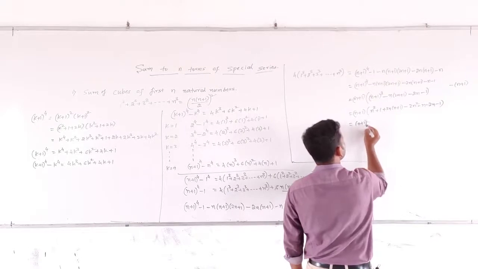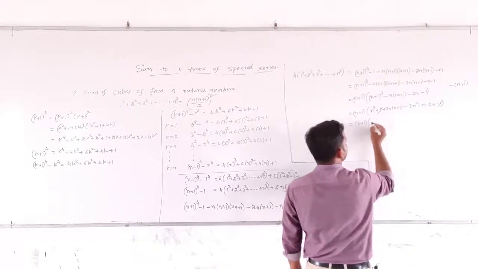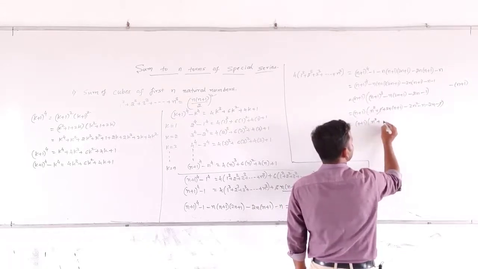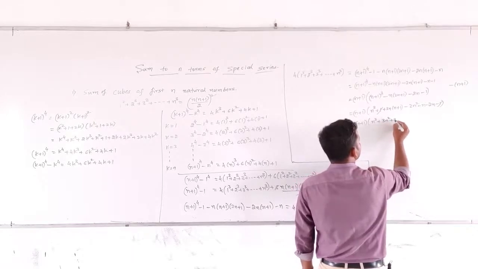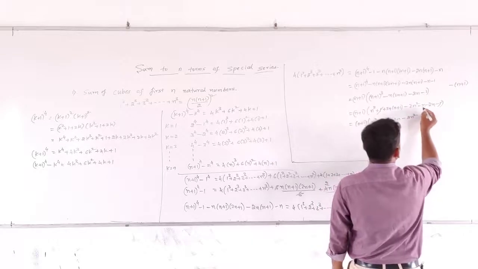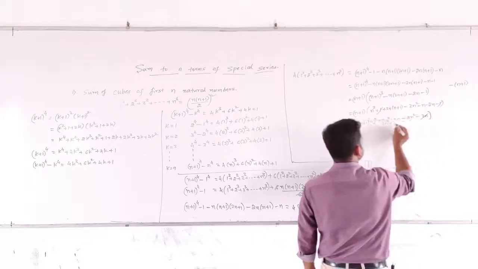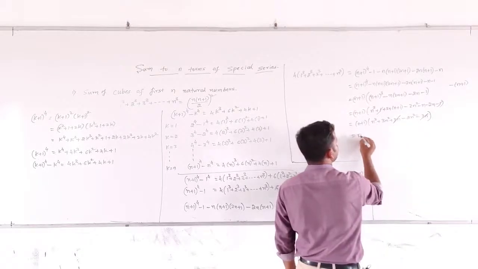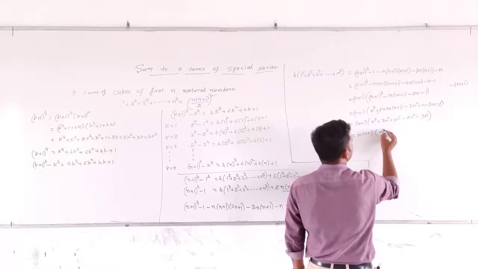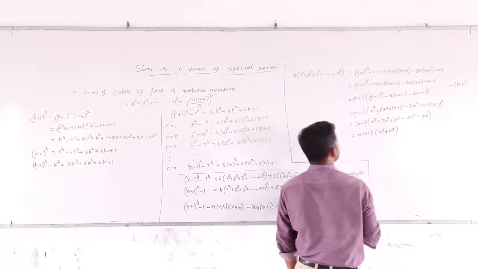Plus 1 minus 1 gets cancelled. This is n cube plus 3n gets multiplied with this, 3n square plus 3n, minus 2n square minus n minus 2n. This is nothing but minus 3n. Minus 3n plus 3n gets cancelled. n into (n plus 1) into here n cube, 3n square minus 2n square, it is plus n square.